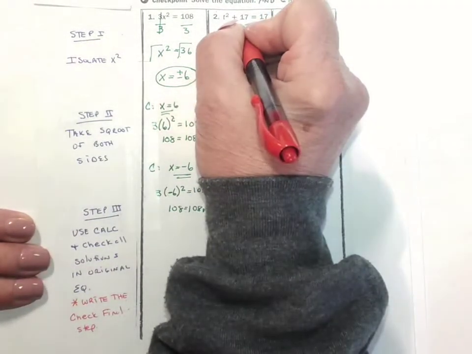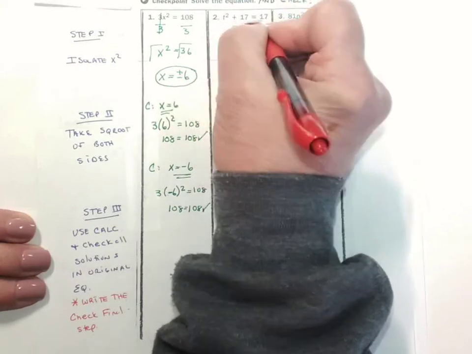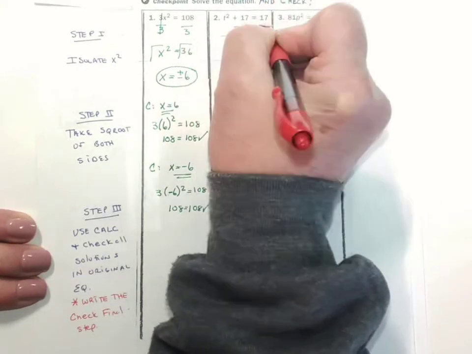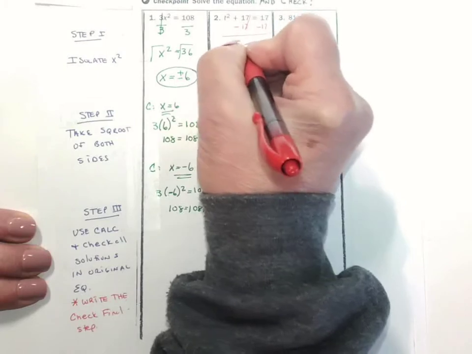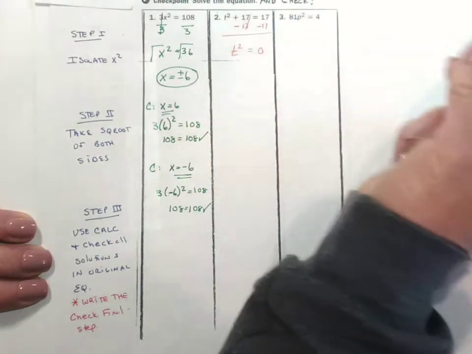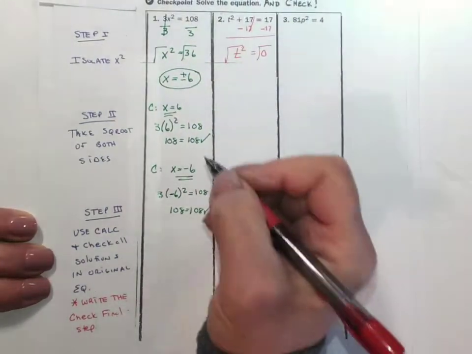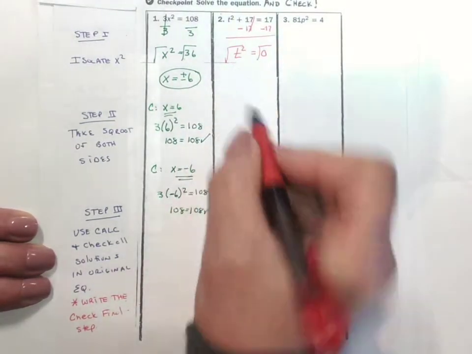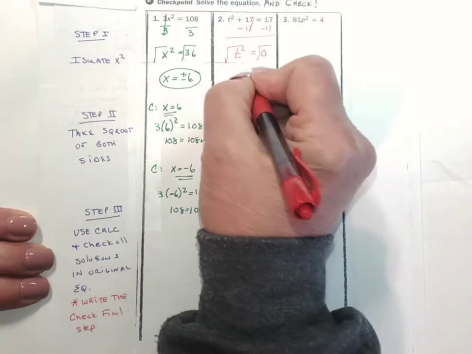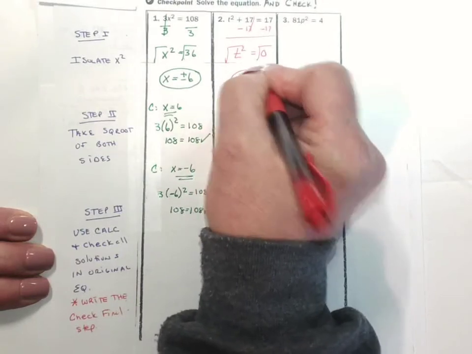Okay, so now number 2, we subtract 17 from both sides. t squared equals 0. If I take the square root of both sides, the only answer I'm going to have is t equals 0.